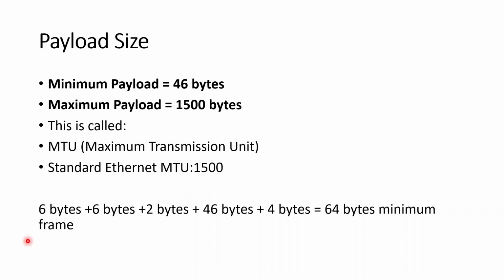Once we preview from the first field of the Ethernet header, it was the destination MAC address, which was 6 bytes, which when you convert into bits you get 48 bits. Then the source MAC address is 6 bytes. This is the length or type field. Now this is the payload.